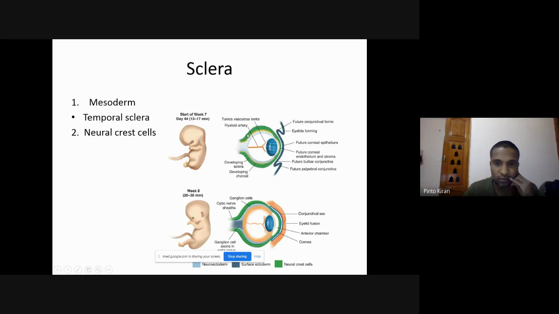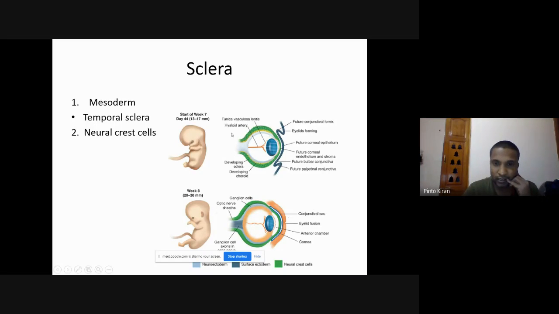Okay, if you remember this diagram, it's easy to understand. See, this blue color is nothing but the optic nerve and the neurosensory retina, that is a neuroectoderm. This orange color in between is the choroid. This green structure is nothing but the sclera.